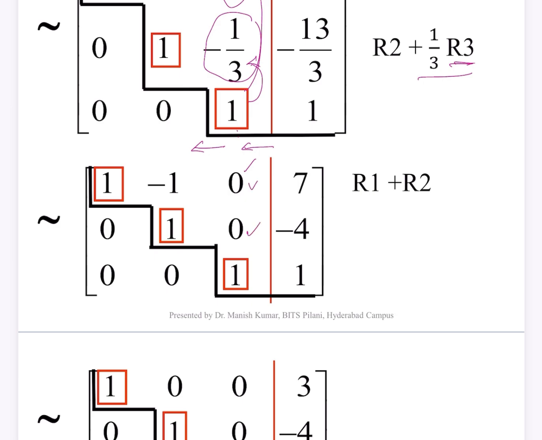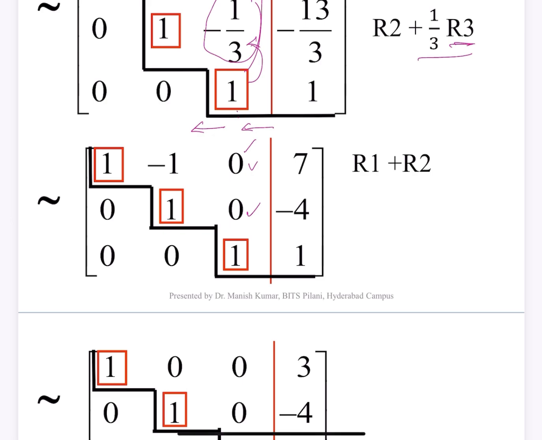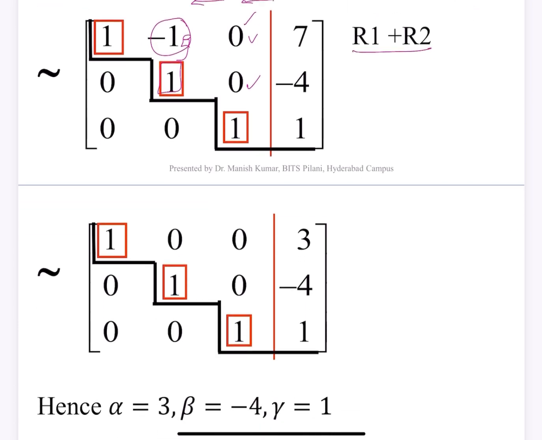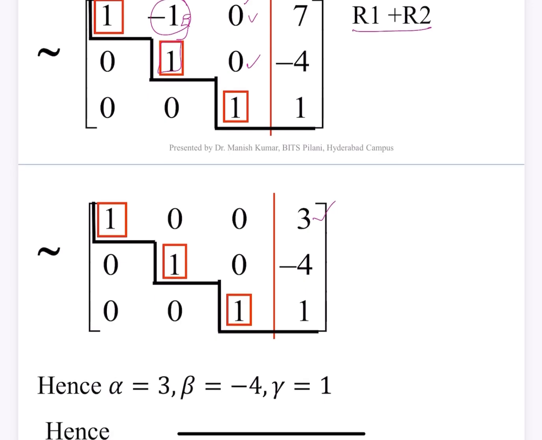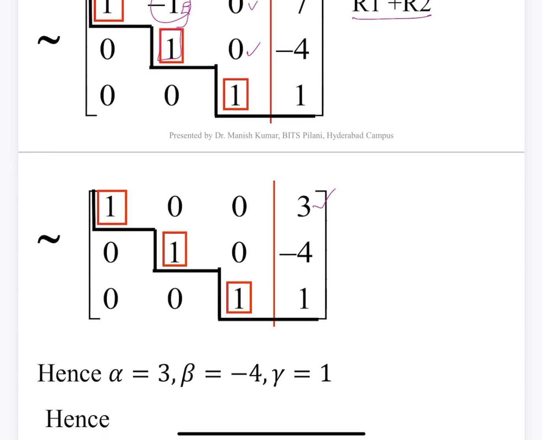And then finally, what I'm going to do is make the 0 above the pivot entry. So this 0 I have to make. What do I have to do? R1 plus R2. So simply I have added R1 plus R2. So what has happened? 7 minus 4 becomes 3, and 0 minus 0, 0 plus 0 becomes 0, and 1 minus 1 becomes 0, and 0 plus 1 becomes 1. So now this is the final matrix I got.